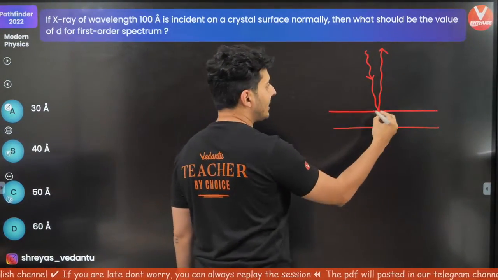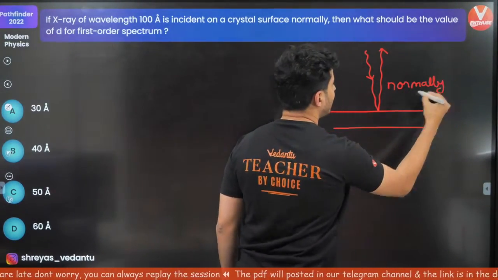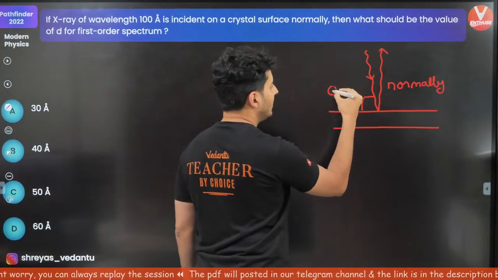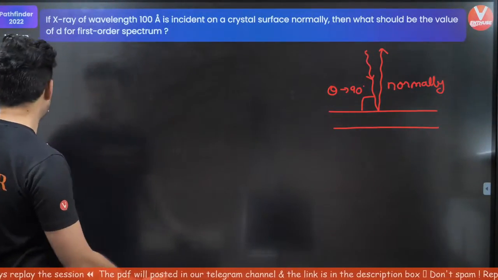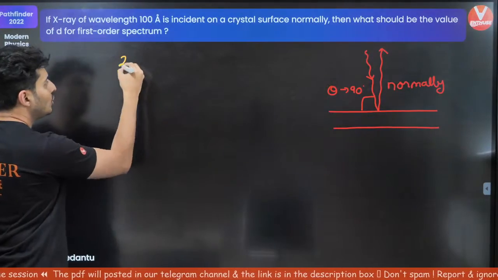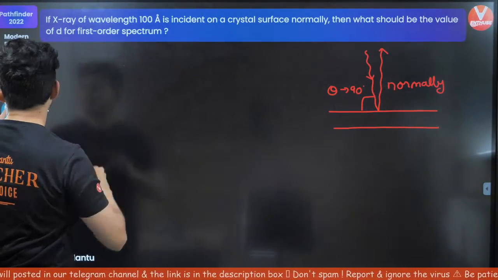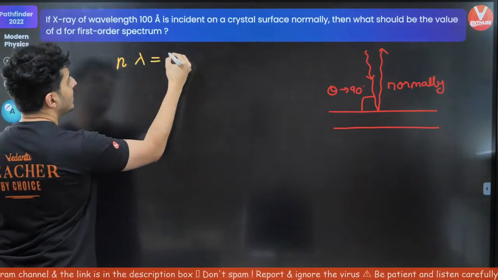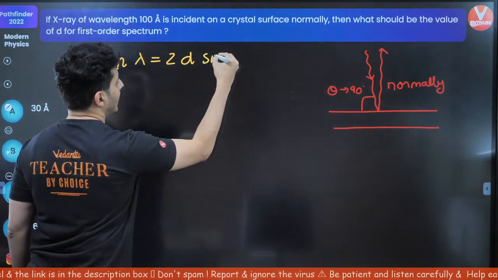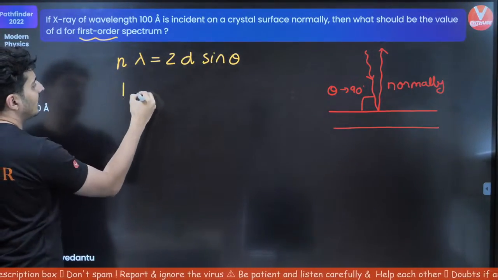If the X-rays are incident normally, then the value of theta is basically 90 degrees. Just using our formula, n lambda is equal to 2d sine theta. Since it is mentioned first order, n is 1.